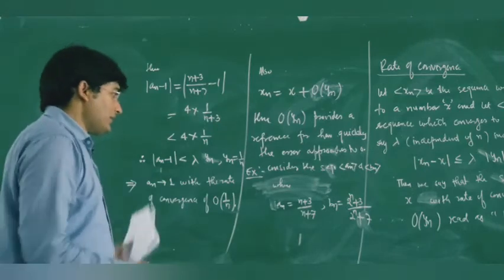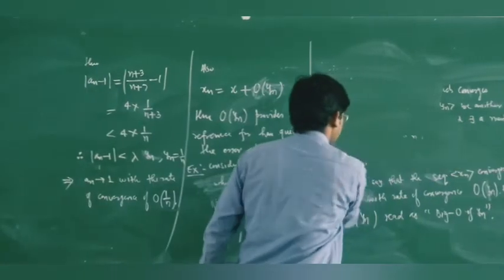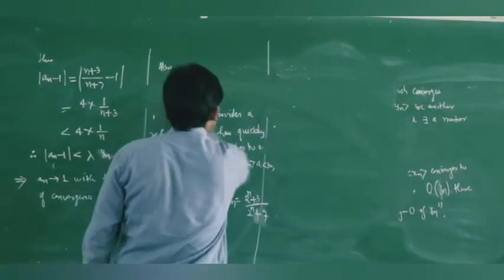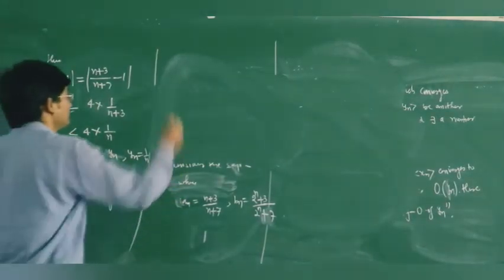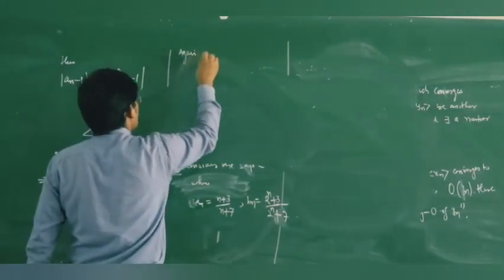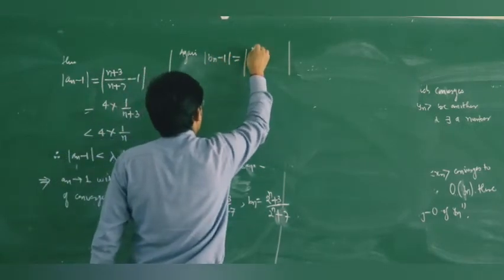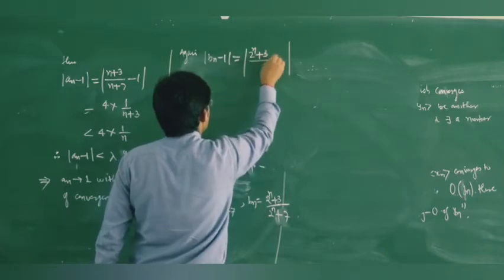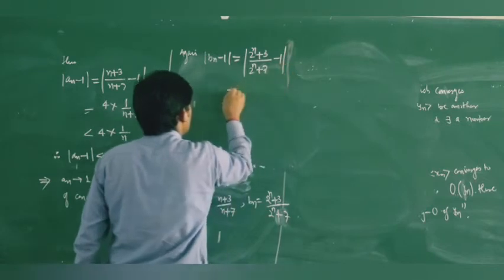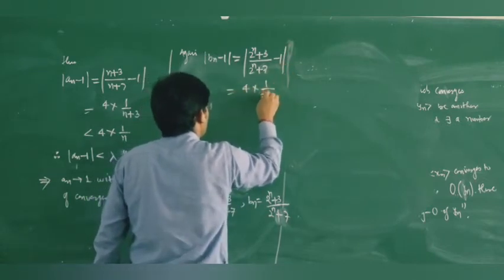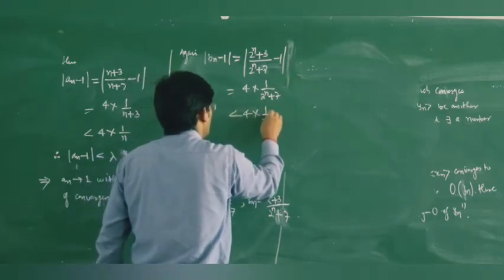Now, again bn is converging to 1, so let us check the rate of convergence of this bn. Your bn minus 1 is equal to 2 power n plus 3 divided by 2 power n plus 7 minus 1. So this is equal to 4 times 1 upon 2 power n plus 7, and again we can write it as less than 4 into 1 by 2 power n.